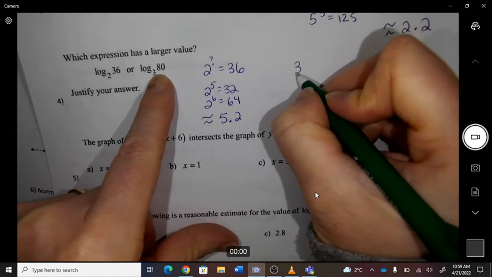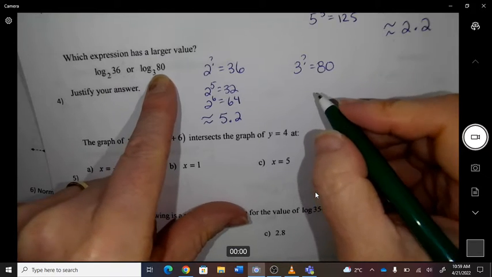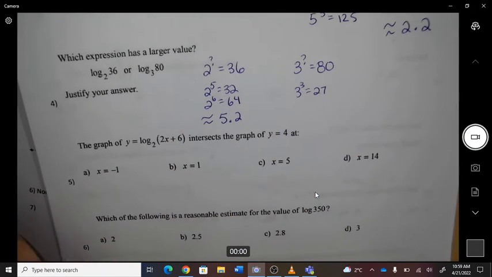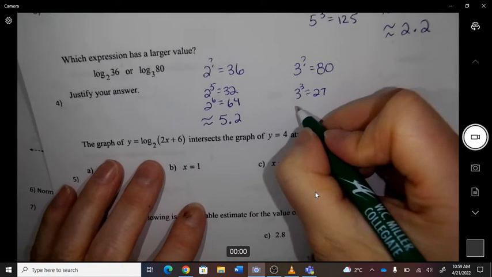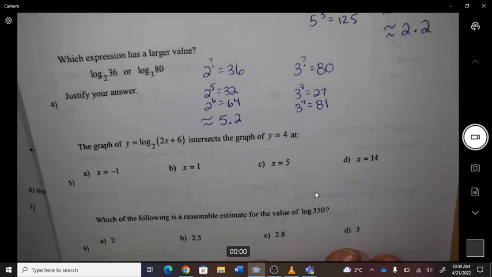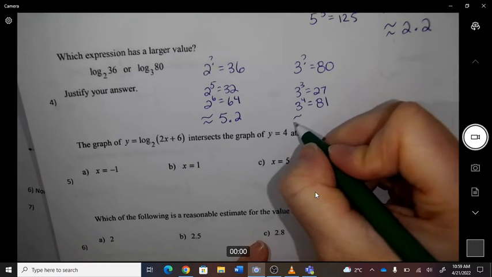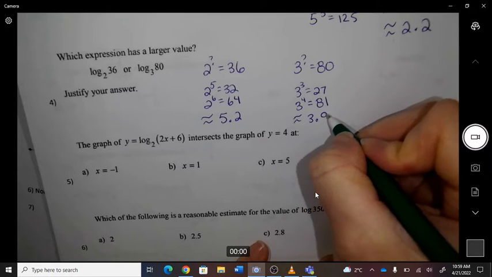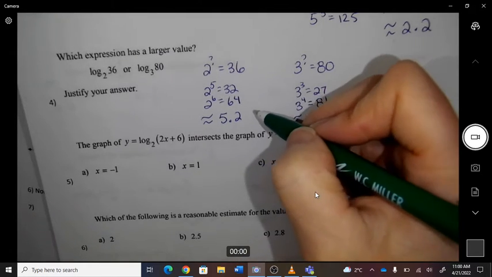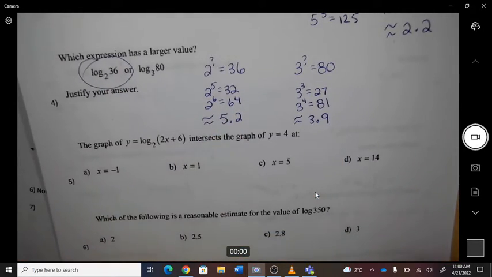And then 3 to the question mark equals 80. I know 3 cubed is 27, 3 to the 4th is 81. So my number is probably going to be about 3.9 because I don't want the 4. So this one is larger, and that's showing you why.